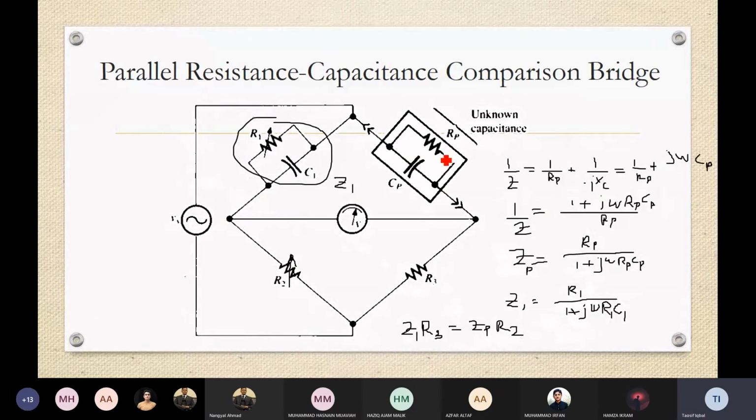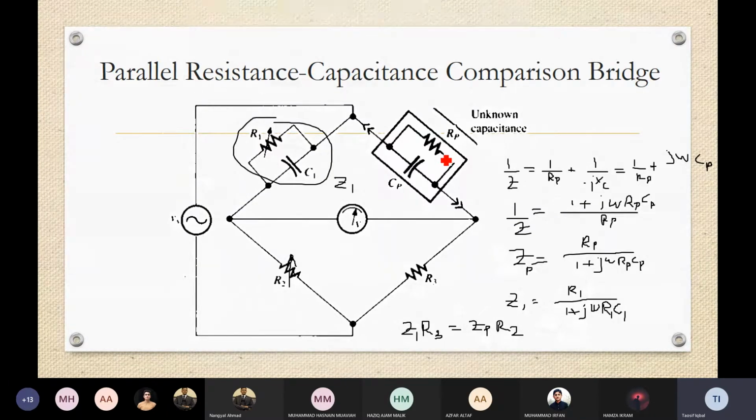Now, the second option is that we have an unknown capacitance with a parallel resistor. Therefore, we are also going to use a parallel resistance capacitance comparison bridge.